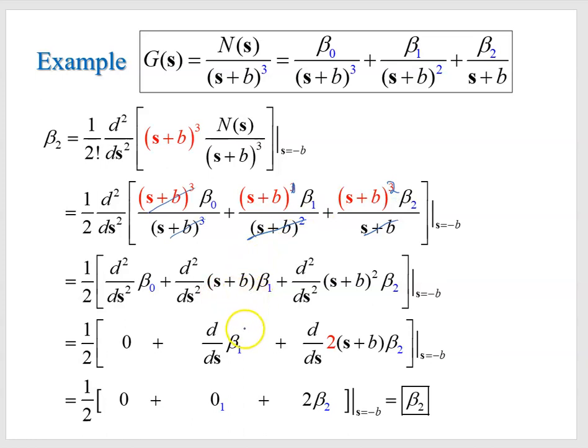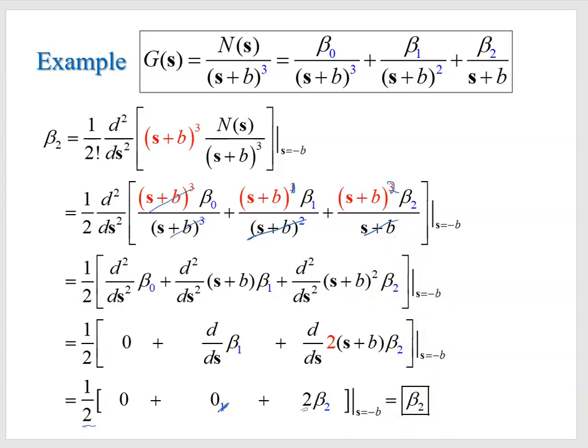So we take that derivative, we end up with just beta 1. And our beta 1, we take the derivative of that, we end up with 0. We don't need the subscript 1 there. And we take the second derivative of this, we end up with 2 times (s plus b). So that's why we need the 1/2 here to cancel out that 2, and we just end up with beta 2.